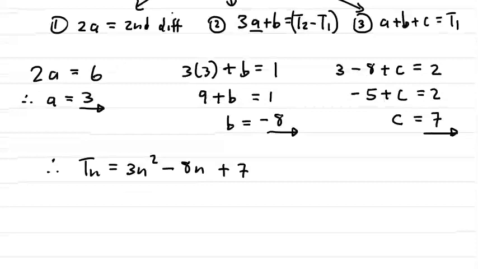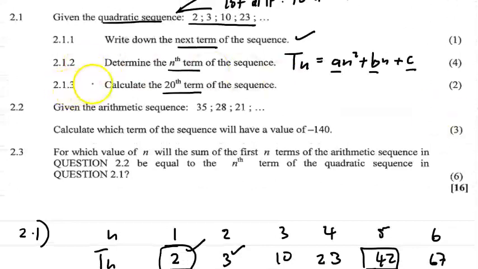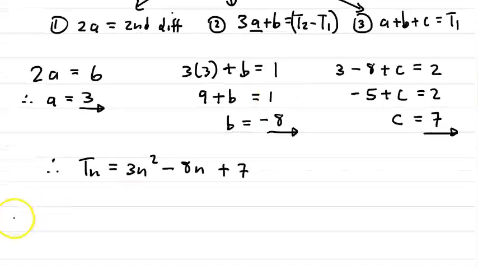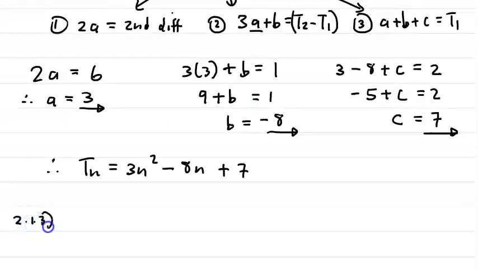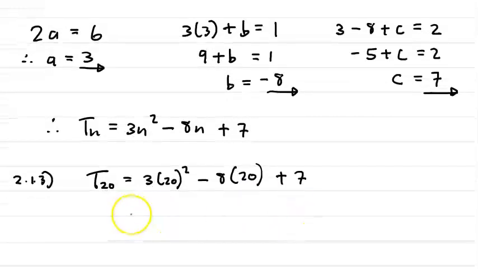So now we can move on to the next question, which is 2.1.3. Calculate the 20th term of the sequence. So the 20th term of the sequence will be t20. So for 2.1.3, t20 equals 3 times 20 squared minus 8 times 20 plus 7.